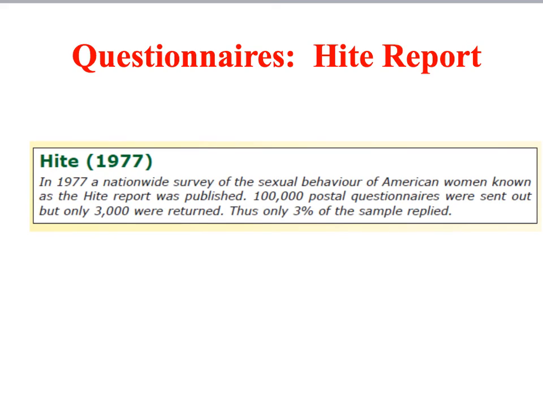This is illustrated by this famous example, because out of the 100,000 postal questionnaires that were sent out, only 3,000 were returned. So only 3% of the sample replied, and this obviously undermined the representativeness of the survey and the ability to generalise on the basis of such a low response rate.